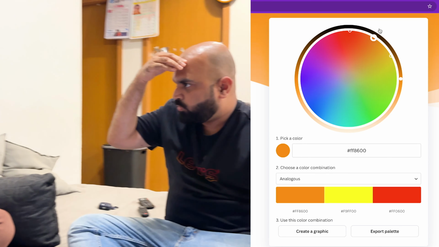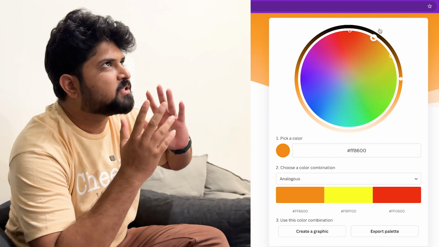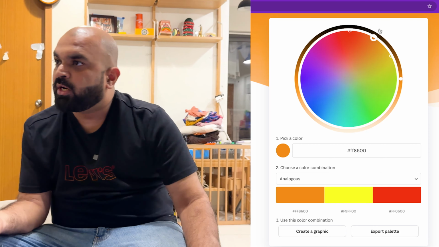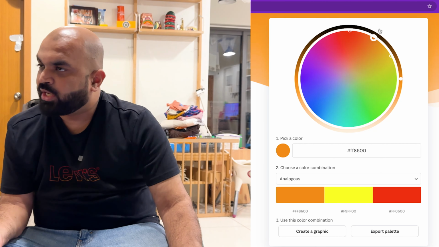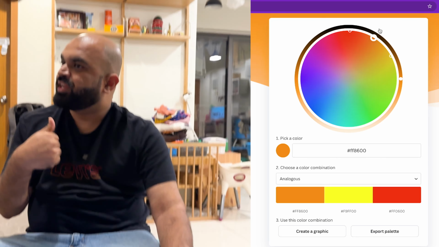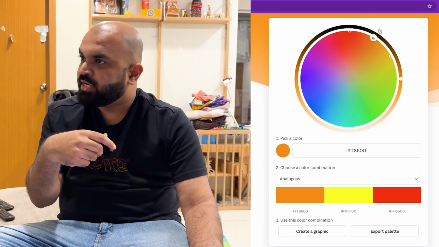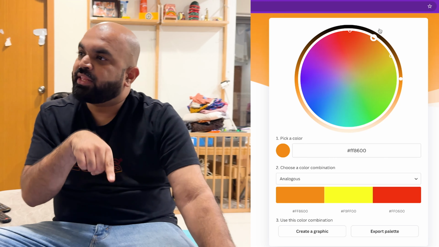I'm just thinking about how these colors are in nature. Red and yellow are also together because they are called warm colors, and the blues and greens are called cool colors. They are also at the higher end of the spectrum.